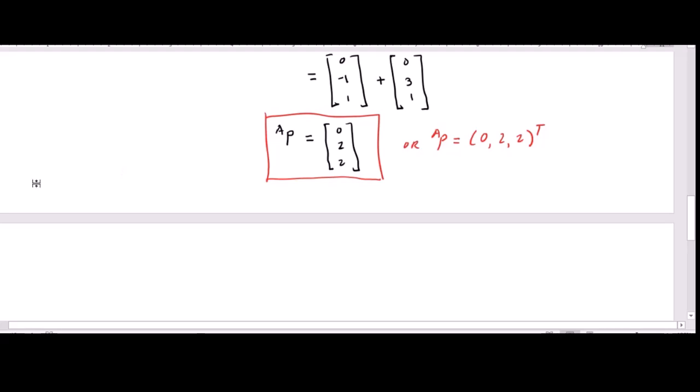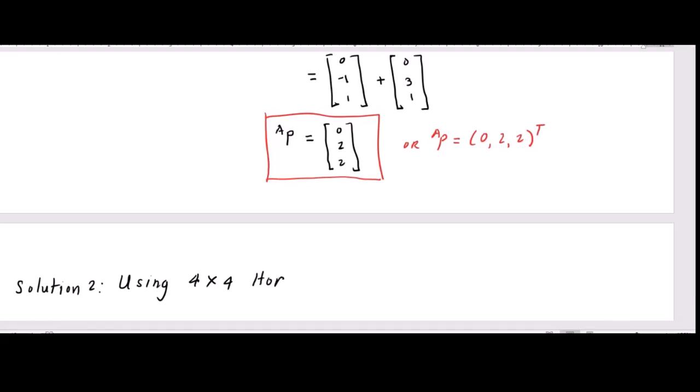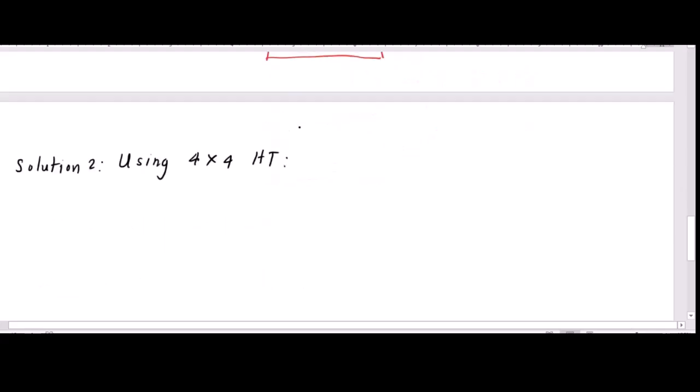Solution 2. For the solution 2, what are we going to use? Using 4 by 4 homogeneous transformation, or HT. I will write HT. So we have here given the positions.